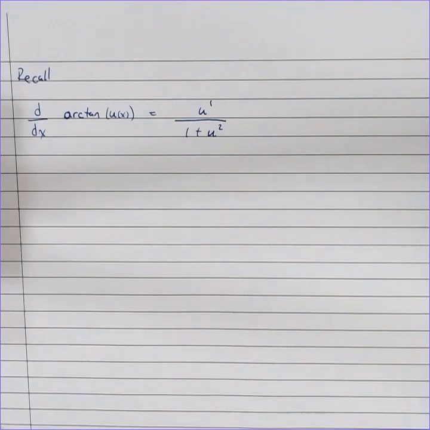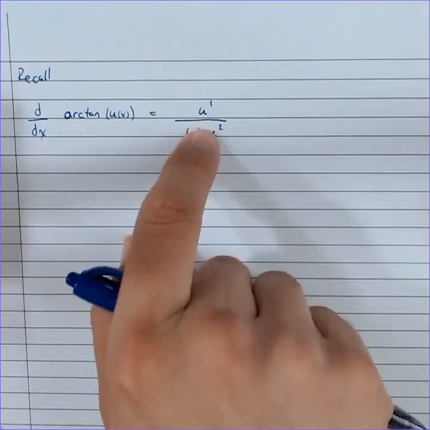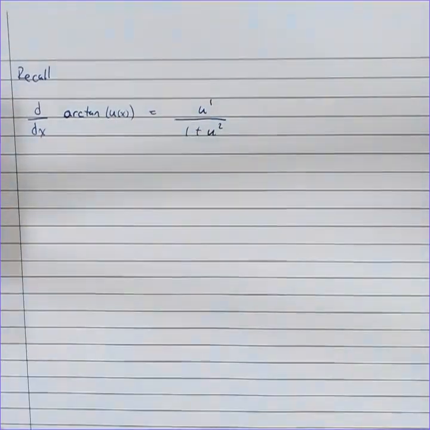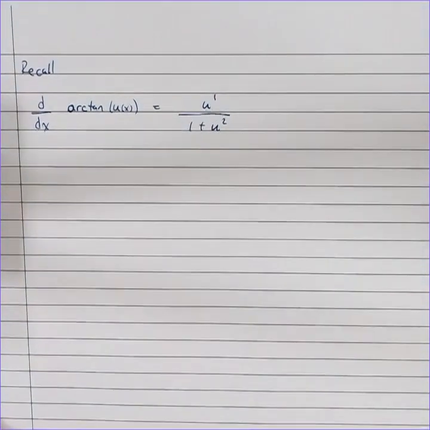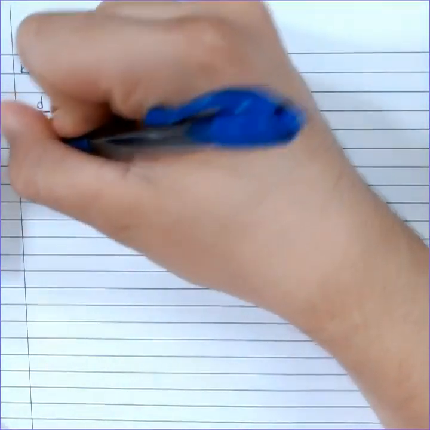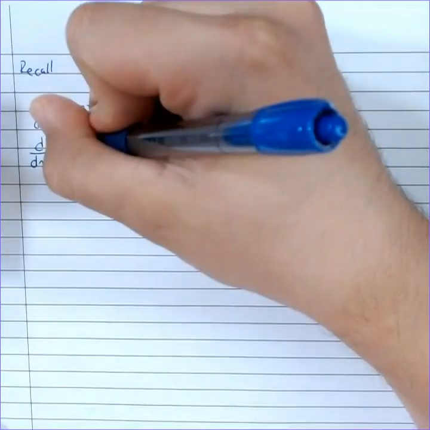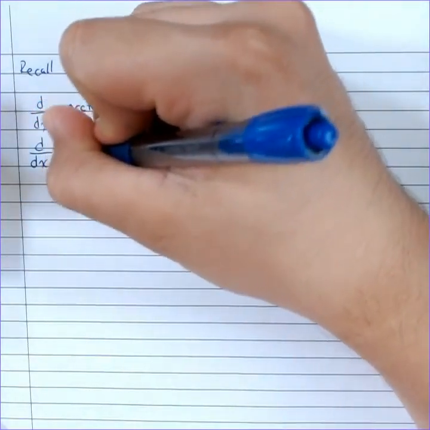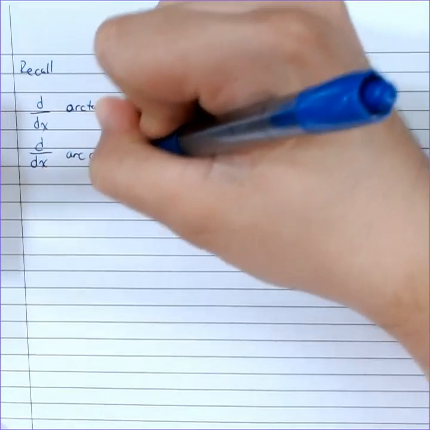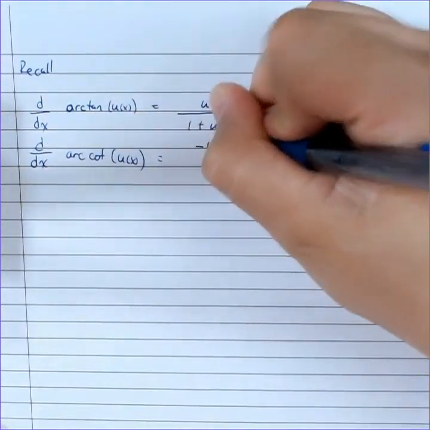Well, note that I can reverse this. If I say the derivative of this is that, well, then the antiderivative of that is this over here. And the same thing will be true for all of our other inverse trig functions. Now, you'll also recall that the derivative of the arccotangent, the arc cofunction of u of x, is going to equal almost exactly the same thing, except it's got a minus in front.